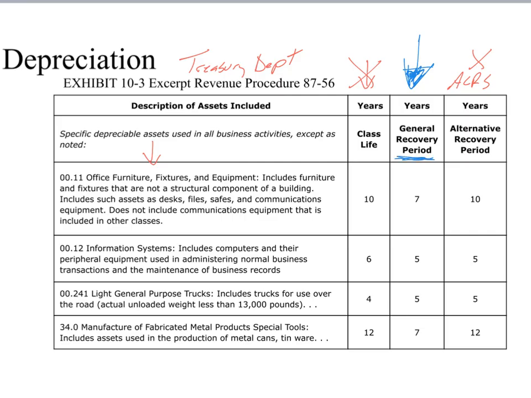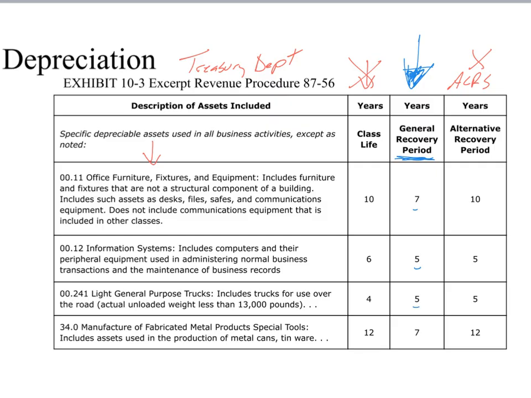All right, so you see office furniture, fixtures, equipment. These things have a 7-year recovery period. Computers and peripheral equipment, meaning things like printers, fax machines, have a 5-year life. General light purpose trucks, and there's a weight limit. Heavy trucks, 18-wheelers, have different recovery periods. That's a 5-year recovery period for those.